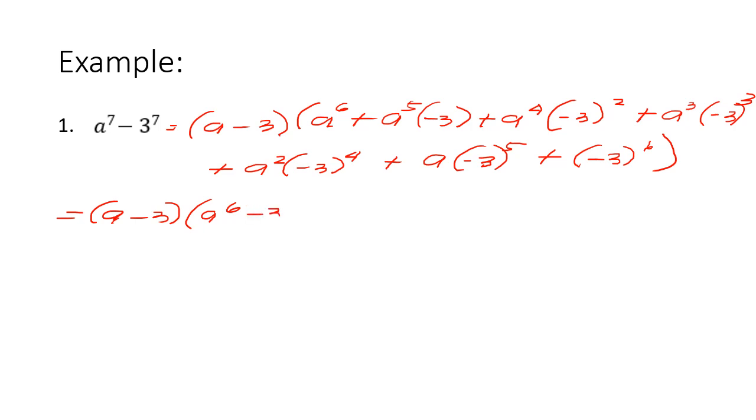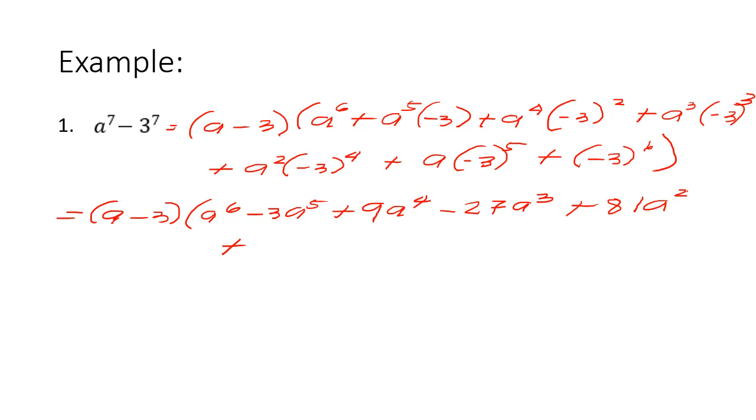So, negative 3a to the 5th, plus, since it is squared, it will have 9, so plus 9a raised to the 4th, minus 3 times 3 times 3 is 27a cubed. Then 3 raised to the 4th is equal to 81, so plus 81a to the second power.